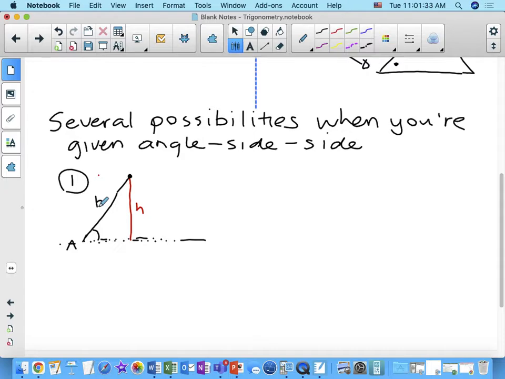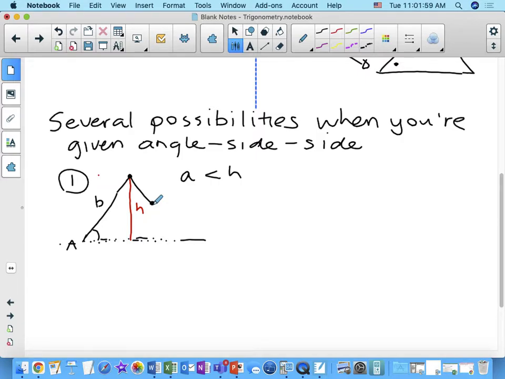If A is less than H, okay, if you can imagine a side length that's less than H, right? And it's just hanging there. Could I even get a triangle here? Is this ever going to touch this base?